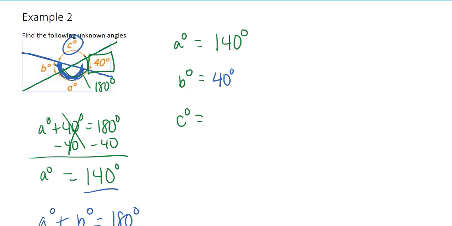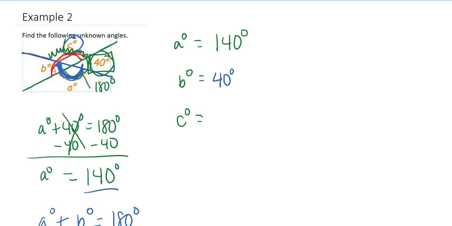Now the last unknown is C. Notice something here: C forms a straight line with angle B, but it also forms another straight line with the 40 degrees right here. So what does that mean?